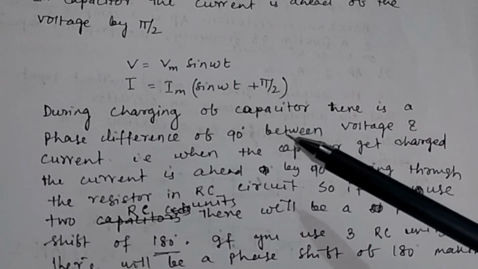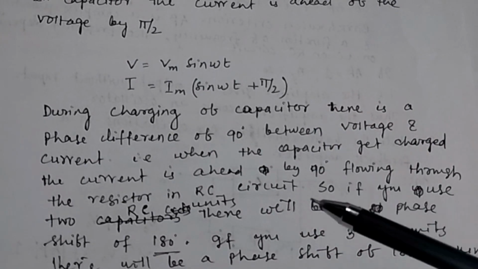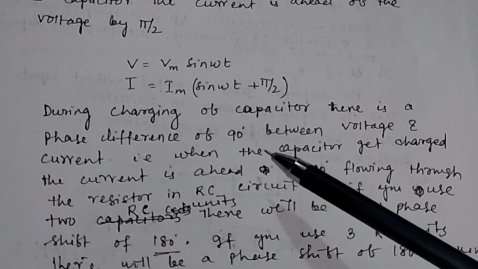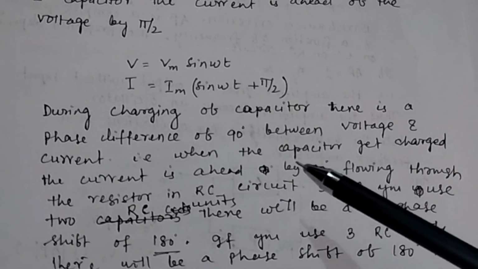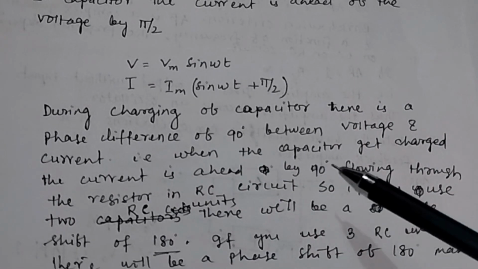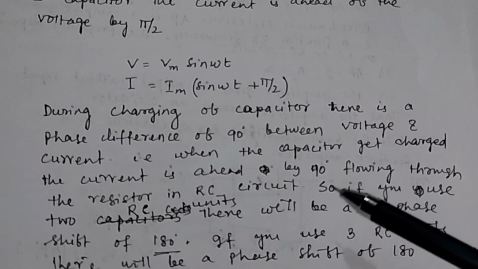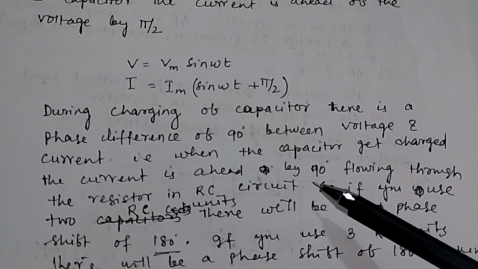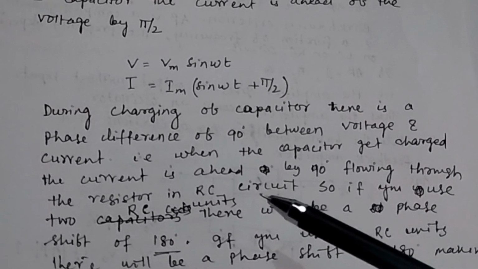That means during charging of the capacitor, there is a phase difference of 90 degrees between the voltage and current. That is, when the capacitor gets charged, the current is ahead by 90 degrees flowing through the resistor in the RC circuit.